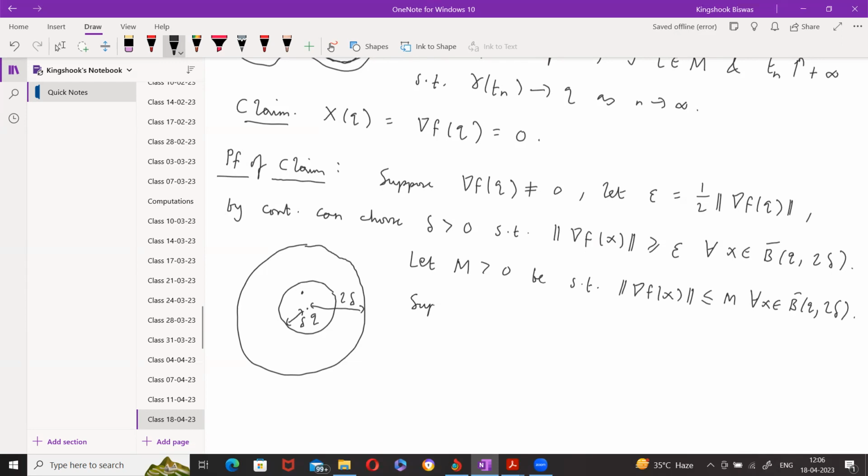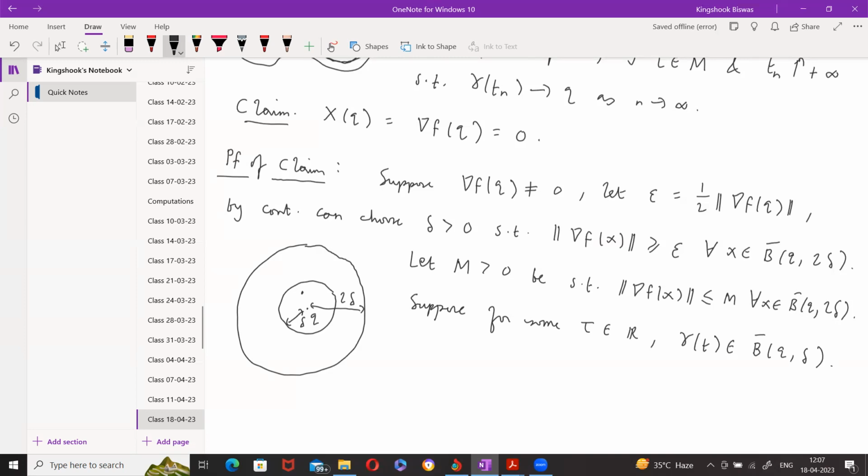So suppose for some tau in R, gamma of tau belongs to the ball of radius delta around q.